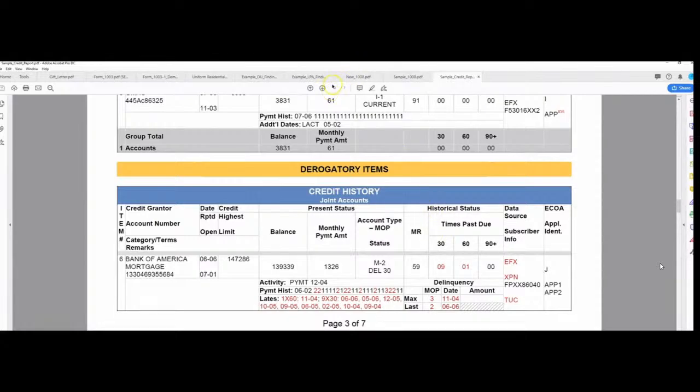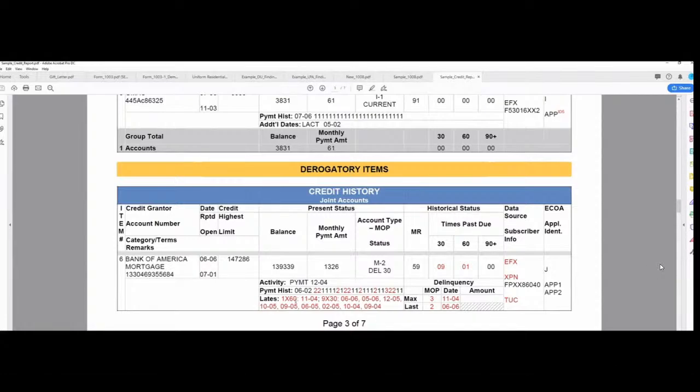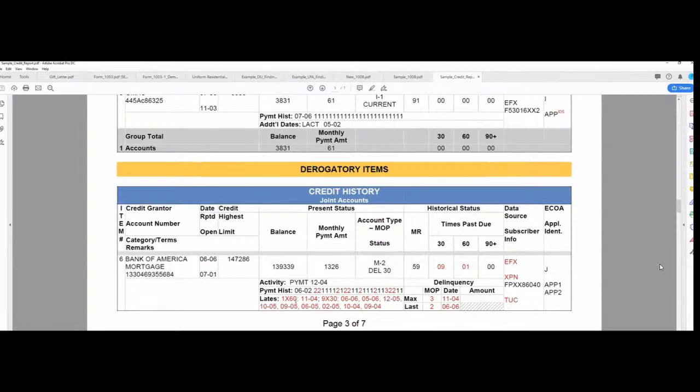But it does tell you when the last late was, and these are all things that, yes, your AUS might pick up, but it's also our job to check the guidelines to see, okay, on a mortgage, when can a borrower be 30 days late and it's okay? How long apart? Some of the guidelines say you can't have more than one late within a year of the mortgage application, and if you have five lates, then you're not going to qualify.